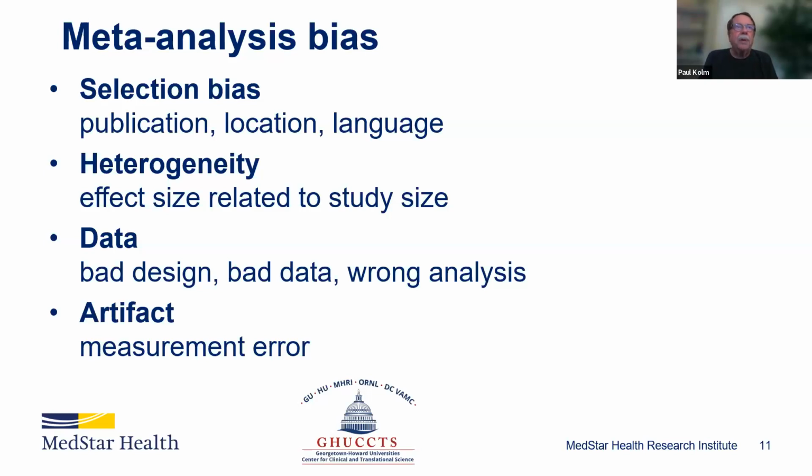When we talked about heterogeneity, whether that can be viewed as random itself, or is it due to something about the studies themselves. And then the data, as I mentioned, you might have a study that is flawed in and of itself. And then artifacts of measurement.